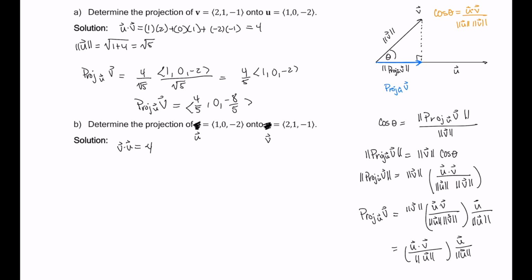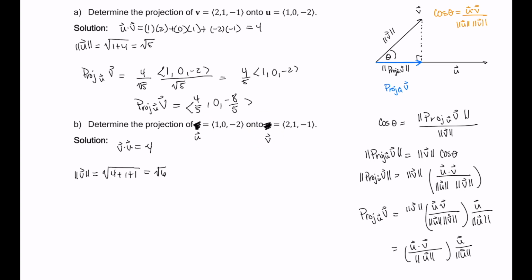And now we want to find the projection of u onto v rather than v onto u. So we need the magnitude of v this time. So the magnitude of v is equal to the square root of 4 plus 1 plus 1, which is root 6. And again, I purposely switched these back to their original names of these vectors.